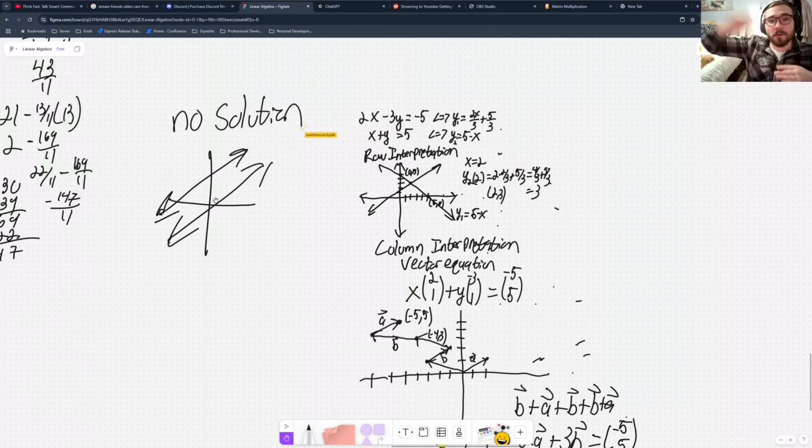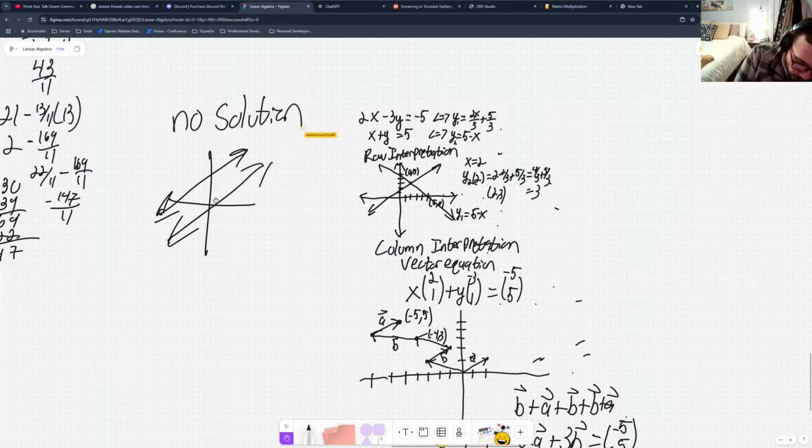We would end up having a solution. But there'd be a lot of cases where the point is somewhere else, and our vector is only going to take us in one direction. And so we would never get there. And so in these cases, that's the no solution.